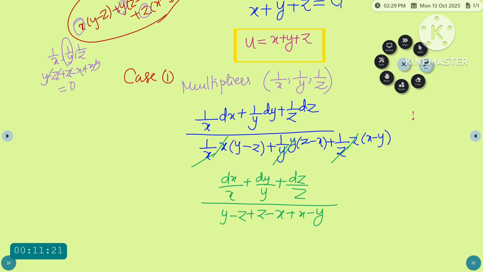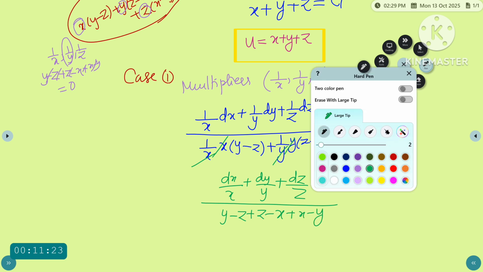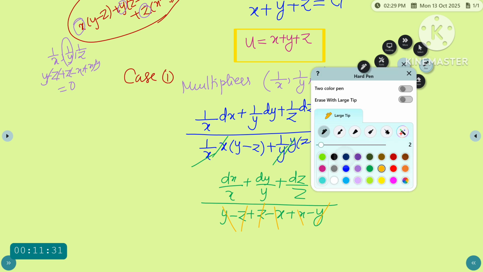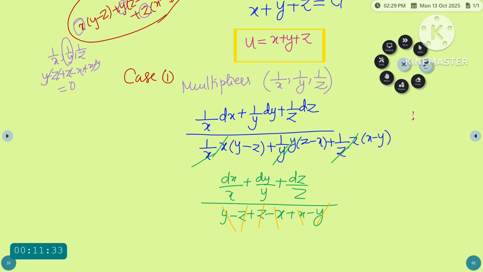Simplifying, y and minus y get cancelled, minus z plus z cancelled, minus x plus x cancelled. So the denominator is vanished. So what about the remaining? dx by x plus dy by y plus dz by z.